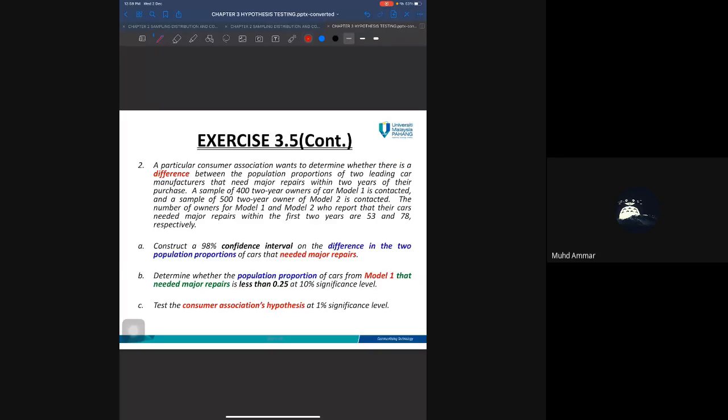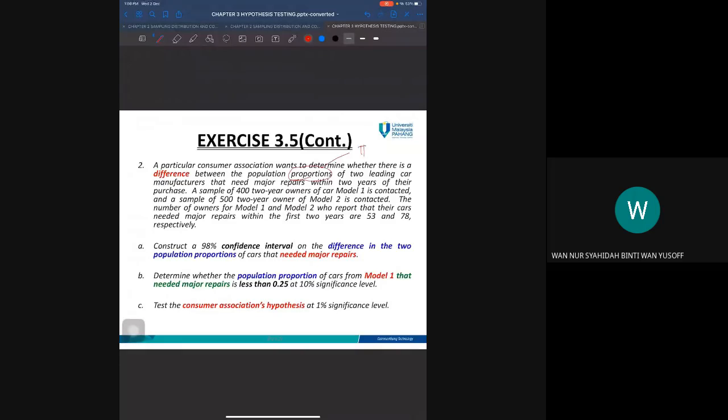Major repairs. Cars that need major repairs. So basically, how we collect the data will be like first car, major repair, second car, minor repair, like that. So it is qualitative data. Okay, and then it is clear here we have proportion. So automatically it is a pi.